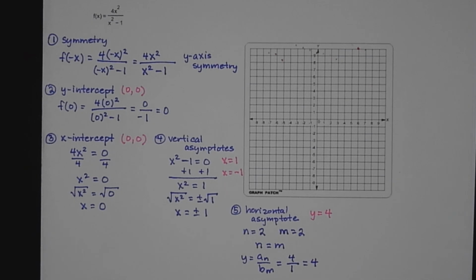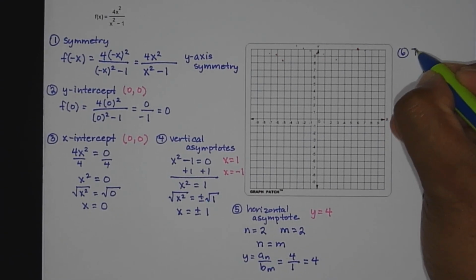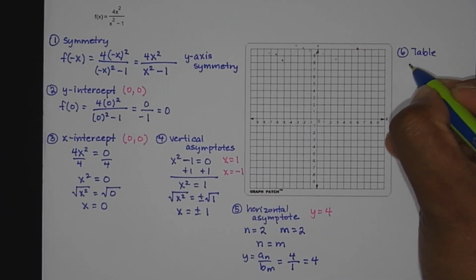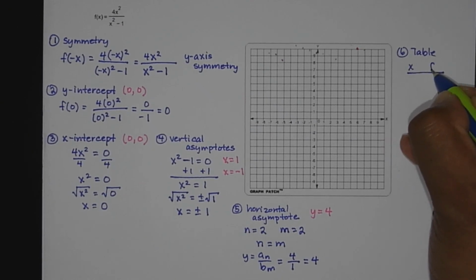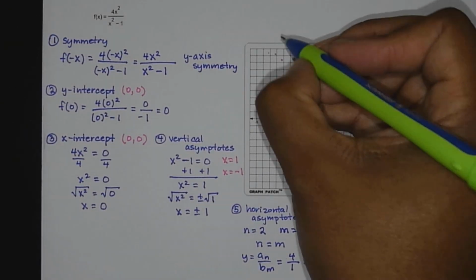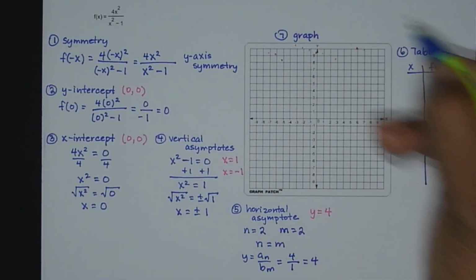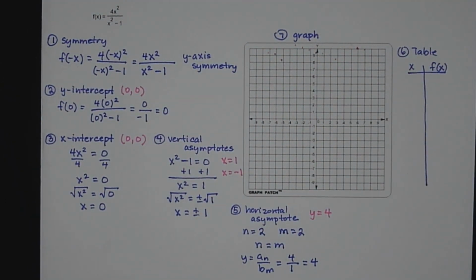All right. Step number 6 will be the table, and step 7 the graph. So I'm going to put the table over here for my x and f of x values that I'll need. And that's going to help me do number 7, which is the graph. Okay, so let's graph what we already have.